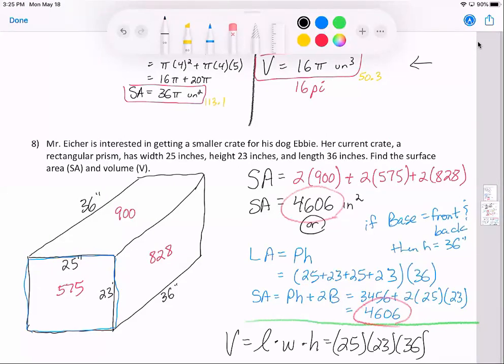I don't really know which one's length, width, height, but you just multiply all three together. So you get 25 times 23 times 36, which is 20,700. And that would be cubic inches. So 20,700 cubic inches.